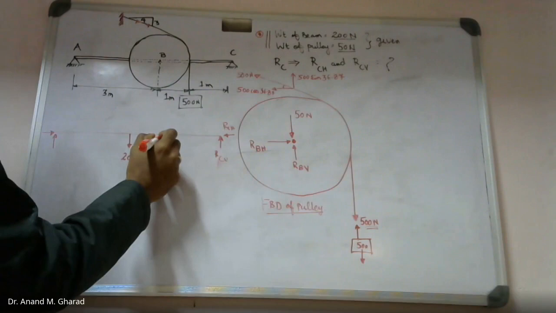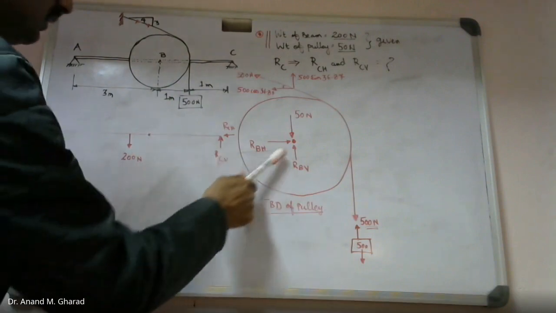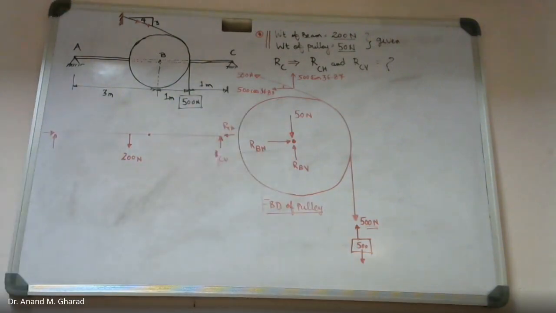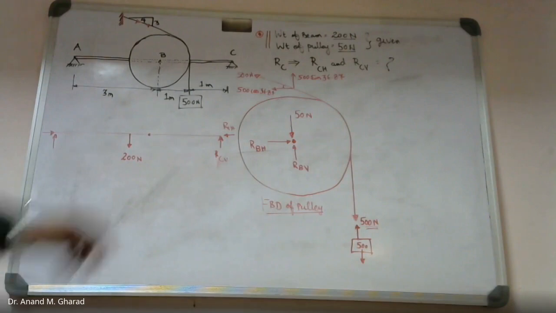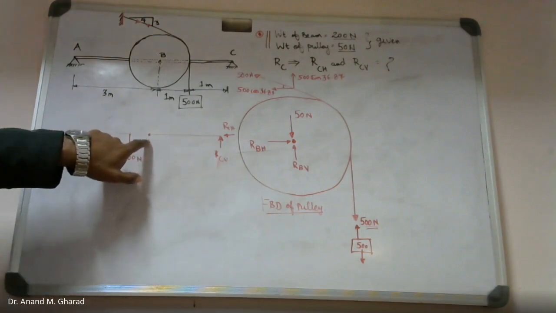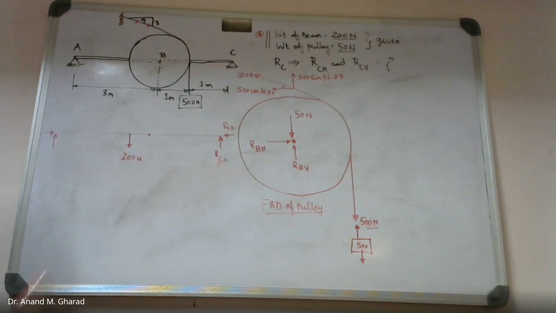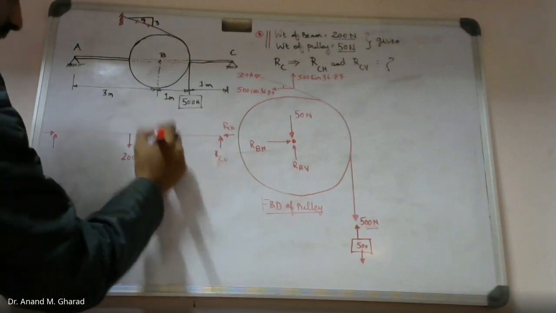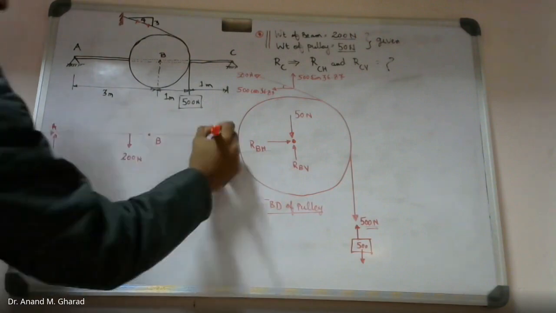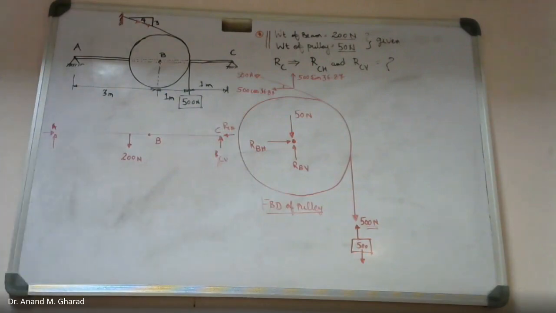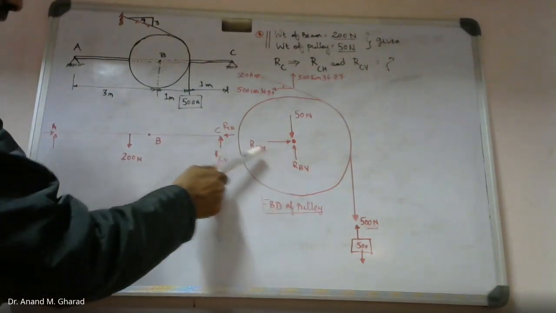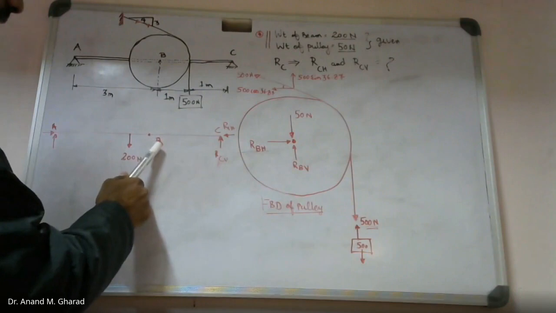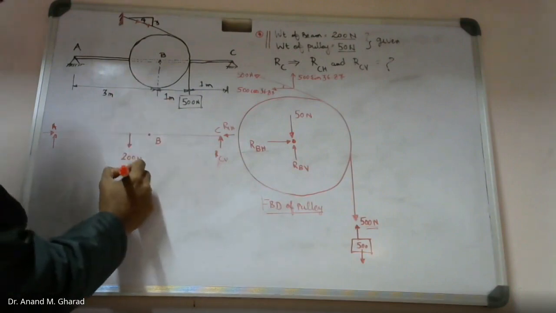Then what else? These values, that is the reaction forces at point B, right? This is A. Now while considering the values at point B on beam, this is the free body diagram for beam.